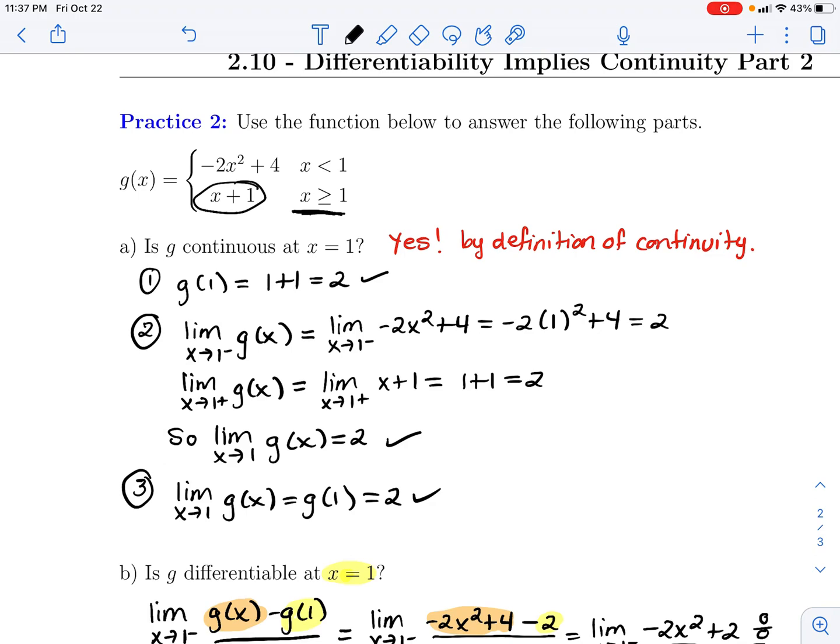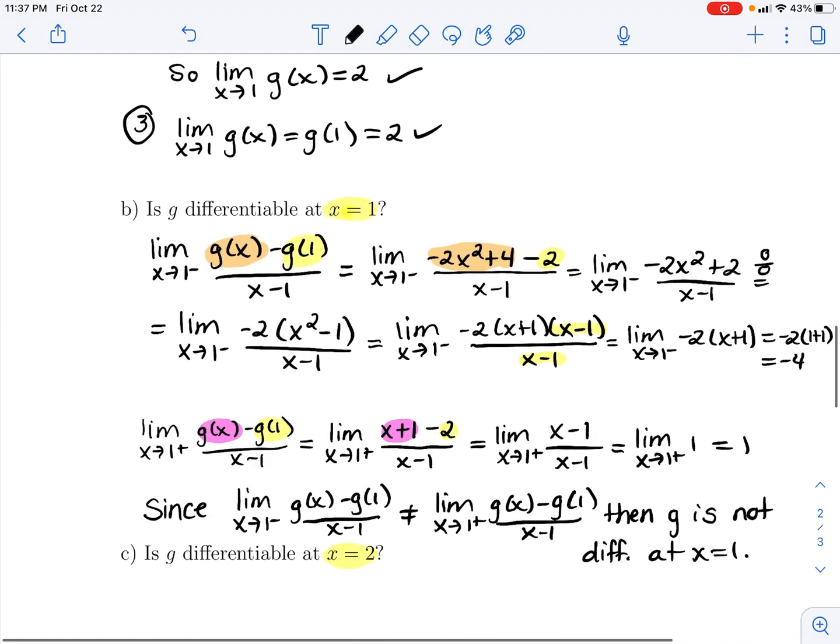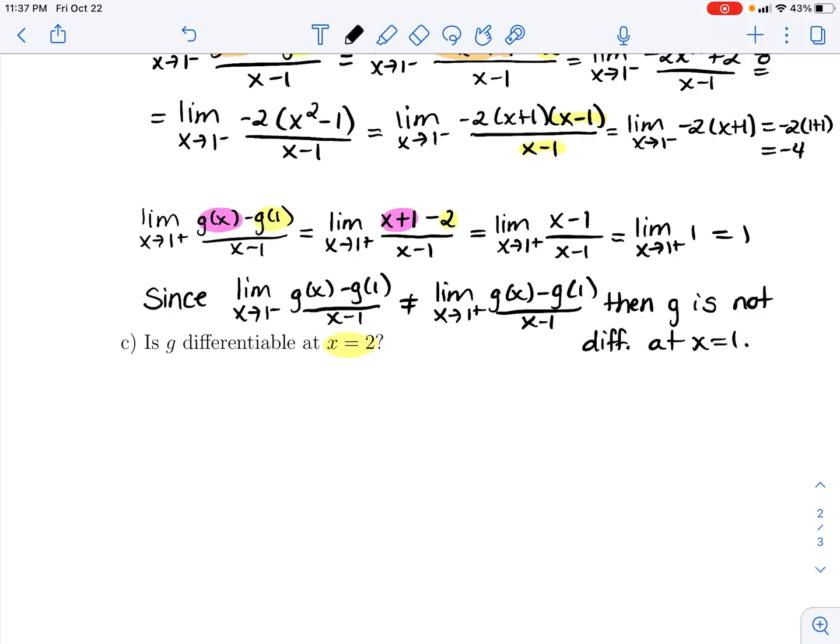So I don't, in this case, need to consider the left-handed, right-handed limits for the limit definition of the derivative. I just need to use the limit definition of the derivative to figure out whether or not g is differentiable at x equals 2. So what I'm going to do is I'm just going to compute the limit as x approaches 2 of (g of x minus g of 2) over (x minus 2).